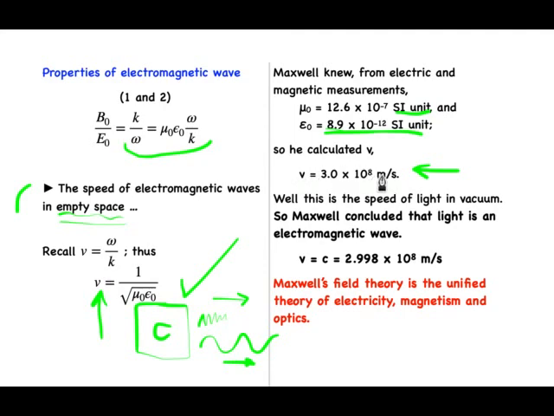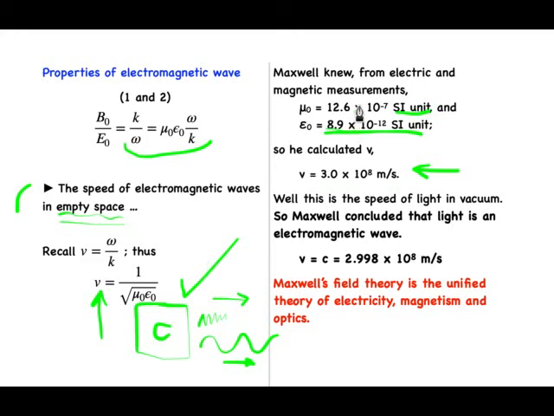His method for determining the speed couldn't measure such a fast speed. But there was an astronomer who followed Galileo's discovery of the moons of Jupiter and used delay times in observing the moons of Jupiter to determine the speed of light.